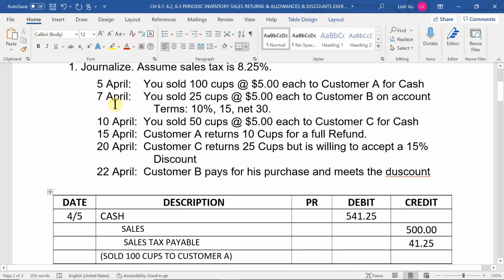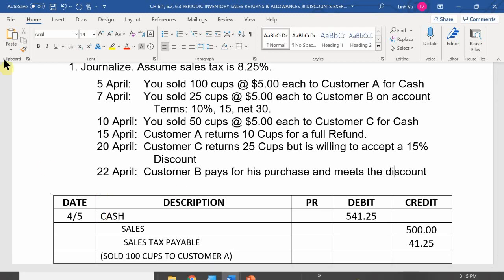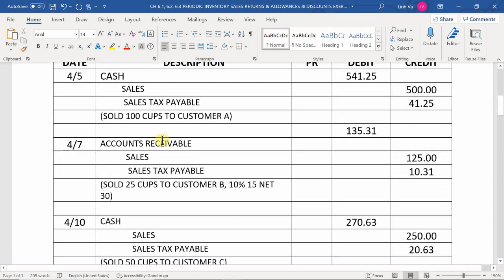Last question we have here is that on April 22nd, customer B decides to pay for his purchase and he meets the discount period. So let's take a look at what customer B paid. He purchased a total of 25 mugs at $5 each, and he got charged tax of $10.31.